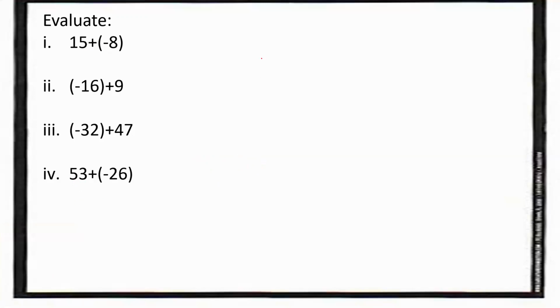Okay, so just forget about this. I'm giving you one example for addition also. We have done only subtraction here, so let's have a question for addition also. Okay, let me type it for you.